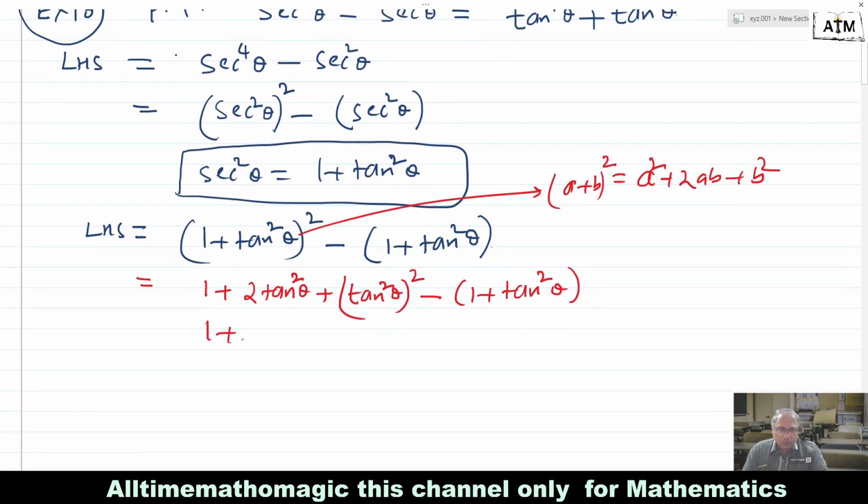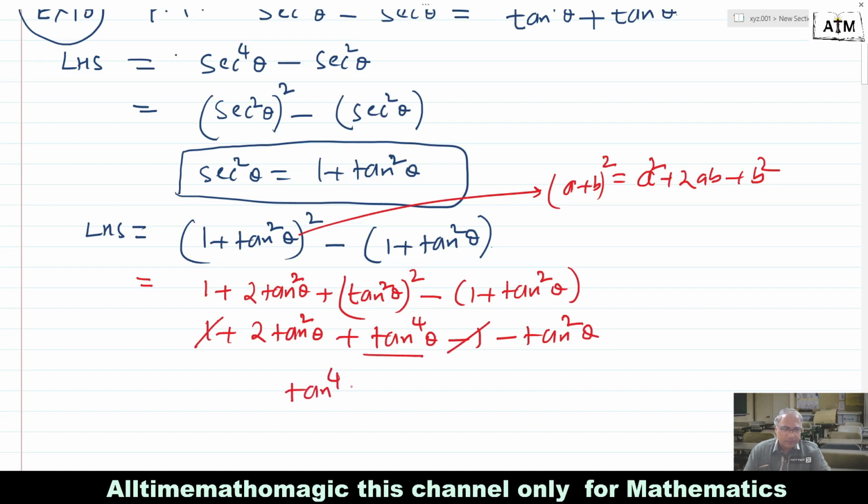Now 1 plus 2 tan square theta plus tan raised to 4 theta, opening the brackets. See what is the possibility of cutting. Plus 1 minus 1, they cut down. Then tan raised to 4 theta as it is. And 2 tan square theta as it is, minus tan square theta.